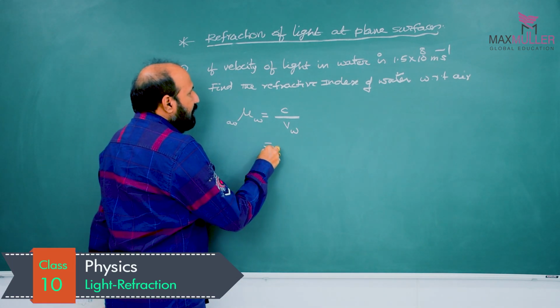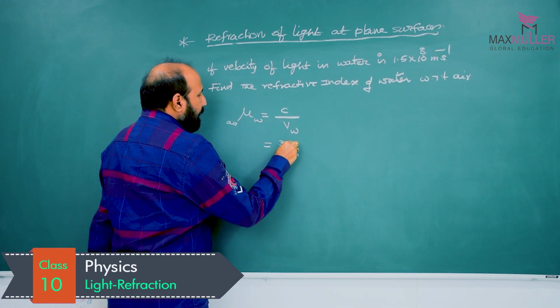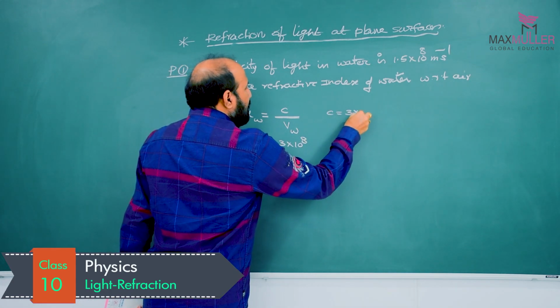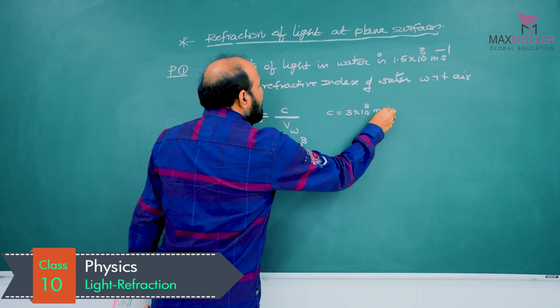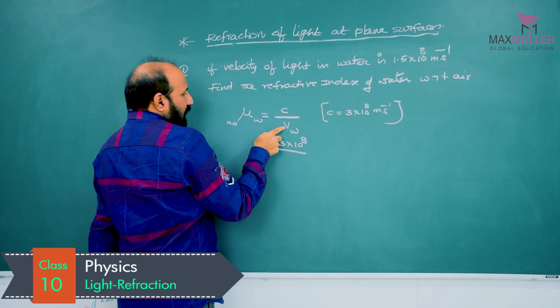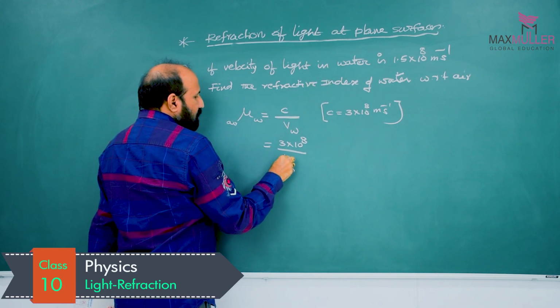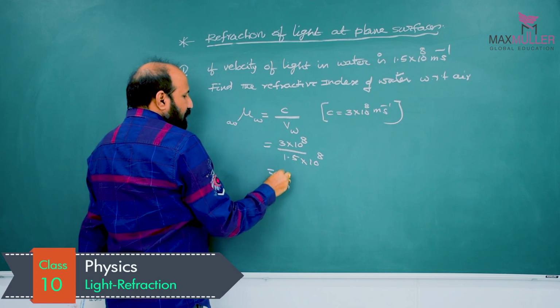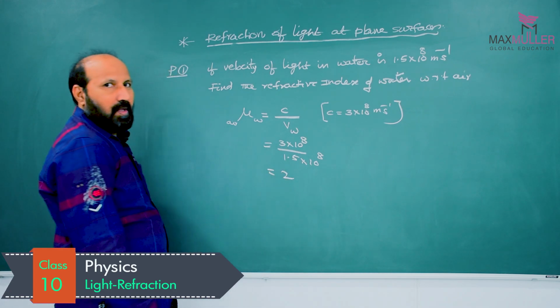So C is equal to 3 into 10 power 8 meter per second, the velocity of light in vacuum. Divided by the velocity of light in water medium, 1.5 into 10 power 8. Therefore this gives rise to be 2.